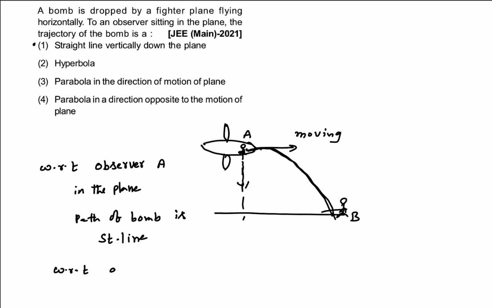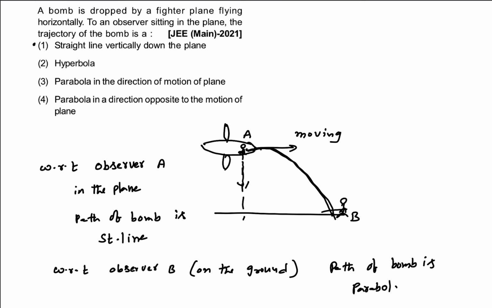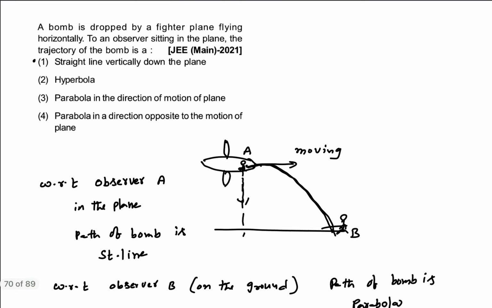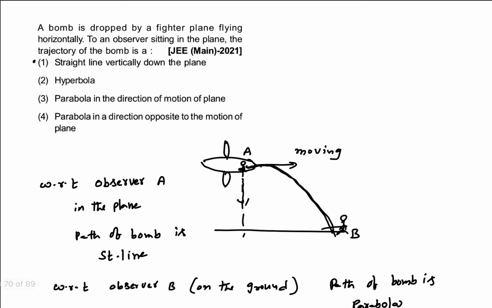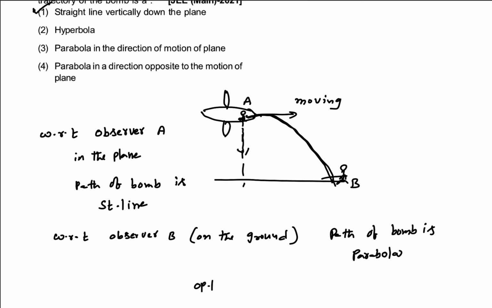With respect to observer B, who is on the ground, the path of the bomb is a parabola. Now they are asking observed by the observer sitting in the plane, the trajectory is a straight line. So the answer is option 1.